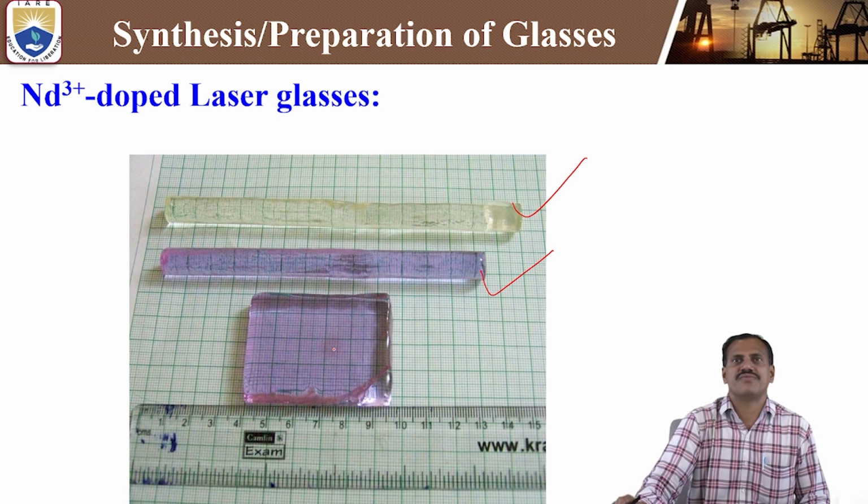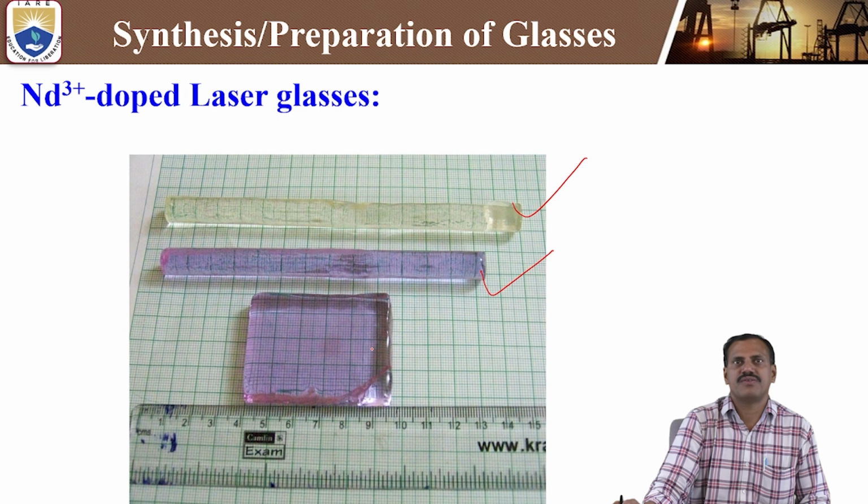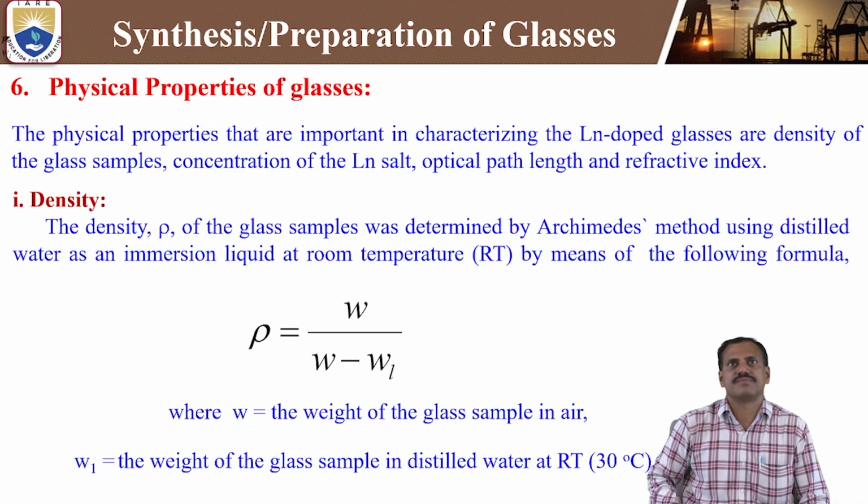These are used for different kinds of laser applications. We are using Nd 3+ doped laser glasses in rod shape and rectangular or square shape. The first one is undoped laser glass. The second one is Nd doped. Next, these are the Nd doped laser glass systems.